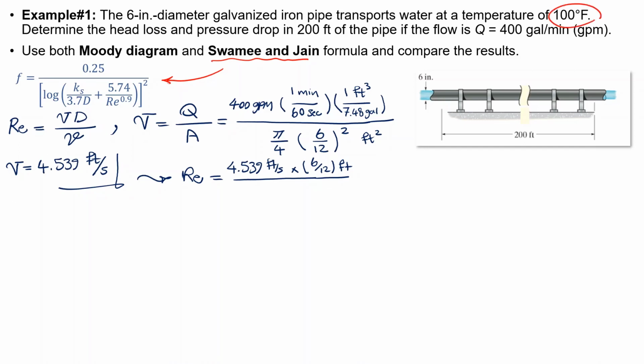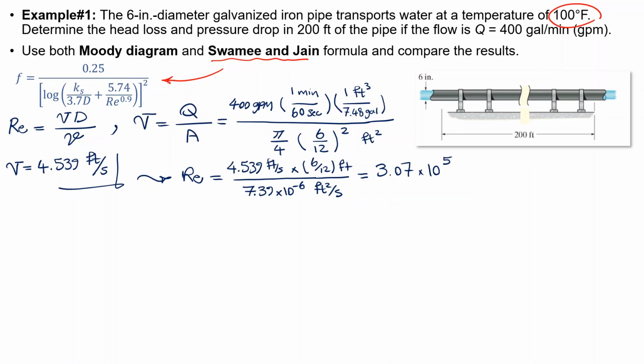You need to go to table A5 of your book and find the kinematic viscosity for that temperature. I've already done it, and the value is 7.39 times 10 to the power -6 with the units of squared feet per second. So eventually your Reynolds number will be 3.07 times 10 to the power 5.